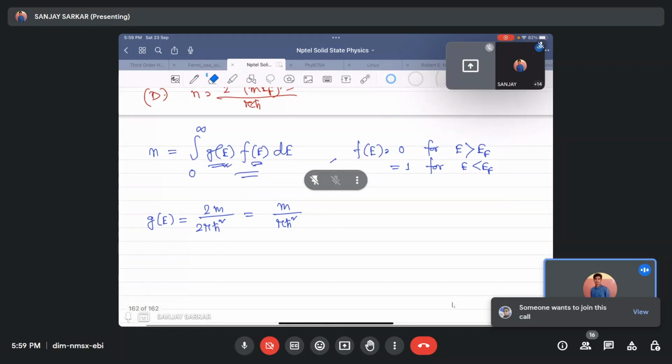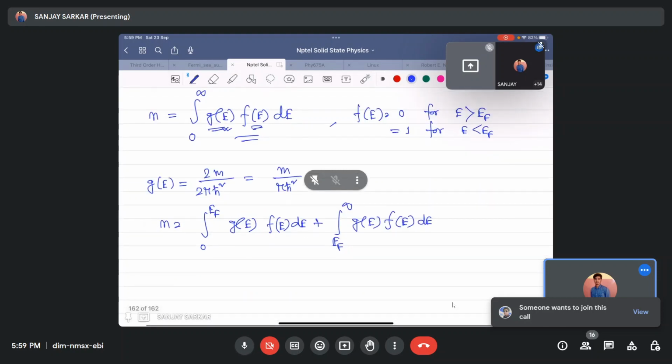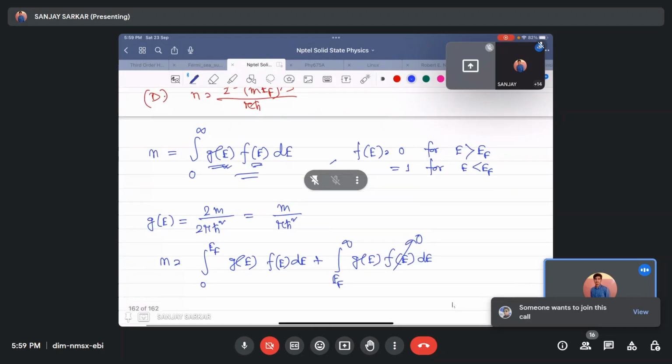So n is equal to the integral from 0 to EF of G(E) f(E) dE. You can divide it into two regions: 0 to EF, plus EF to infinity of G(E) f(E) dE. For this second region, this is 0, because at 0 temperature f(E) equal to 0 for E greater than EF.